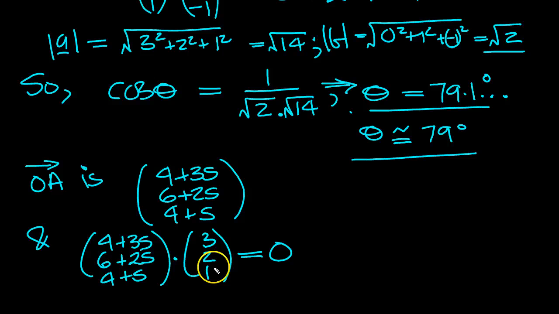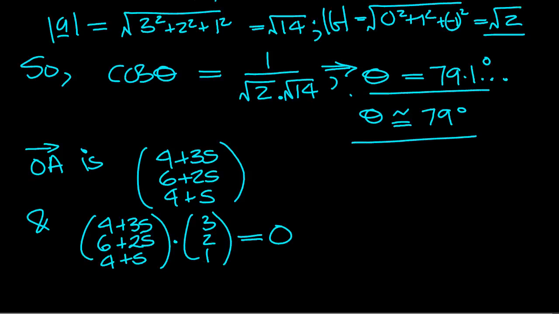So when they're perpendicular, the dot product is 0. So what do we get here? 3 times these gives 12 plus 9s, 2 times these gives 12 plus 4s, and 1 times this one gives 4 plus s.